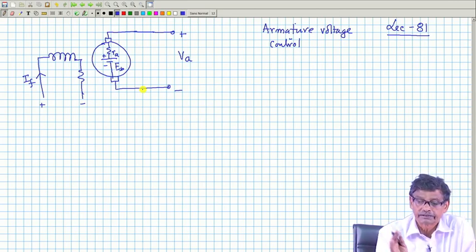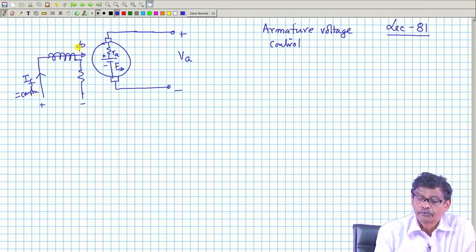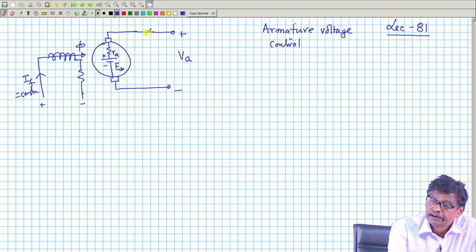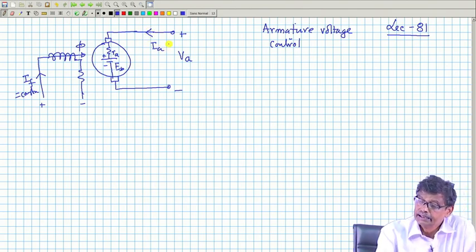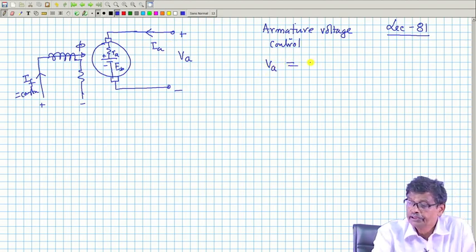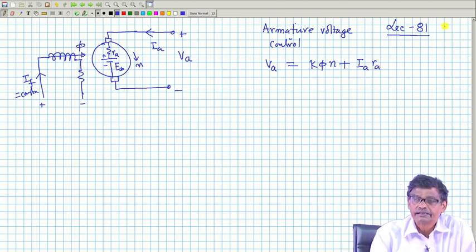Field I will not touch, constant field current at rated value, so that it produces flux phi pole, and it is drawing a current of I A. So, once again, the KVL equation in the armature circuit, in the same way: V A equals K phi n plus I A R A, with no R external connected, where n is the speed of the machine running at steady state.